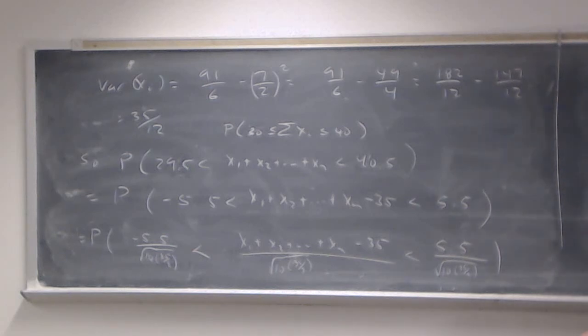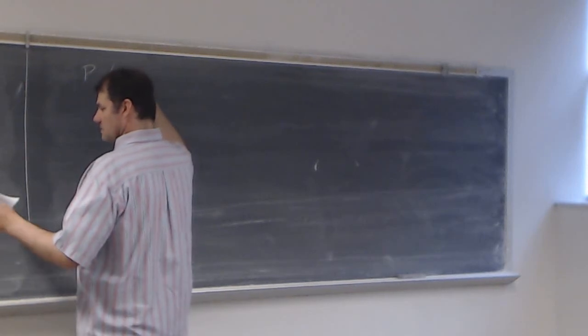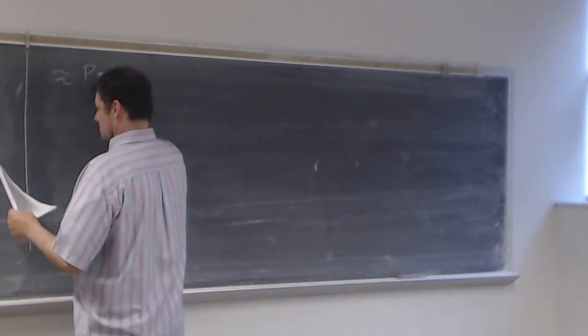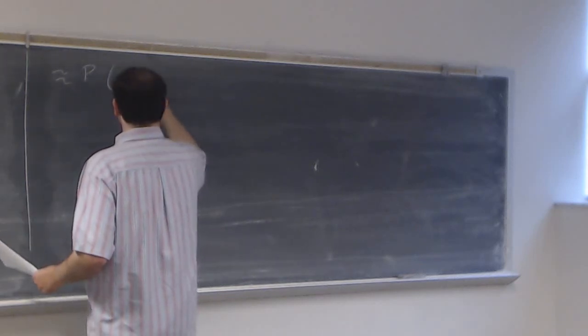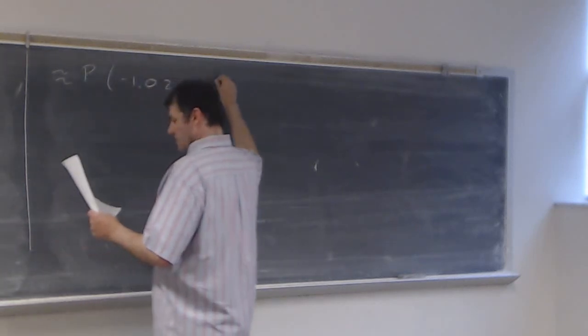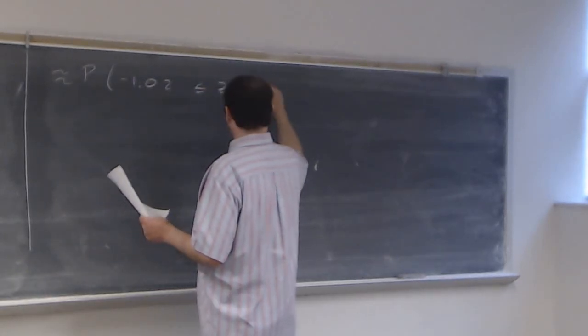Almost done. So this is approximated by the standard normal, which I'll say is Z. I'll let it be known by Z. That number ends up being approximately minus 1.02 less than or equal to Z, less than or equal to 1.02.